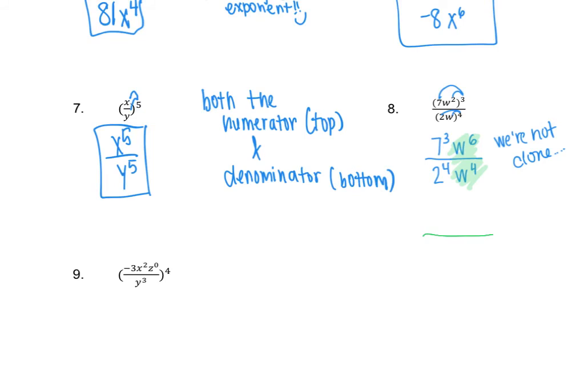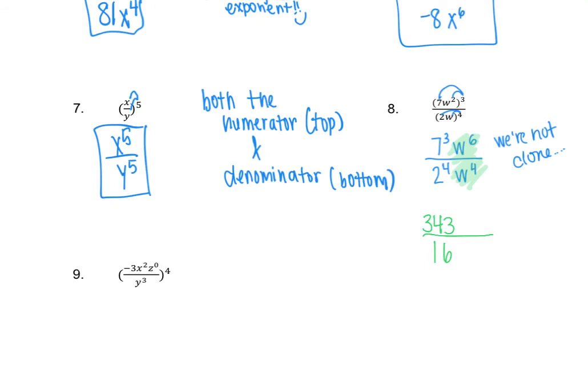So 2 times 2 is 4, times 2 is 8, times 2 is 16. 7 times 7 is 49, times 7 is, I believe, 343. So 343.